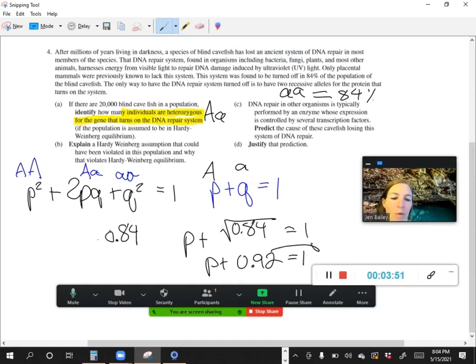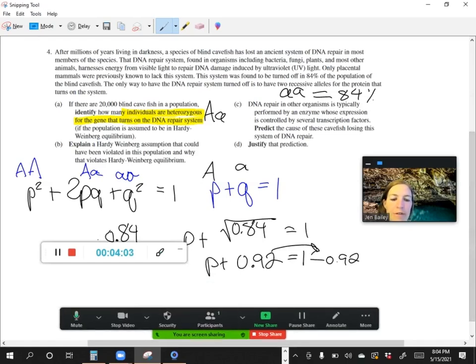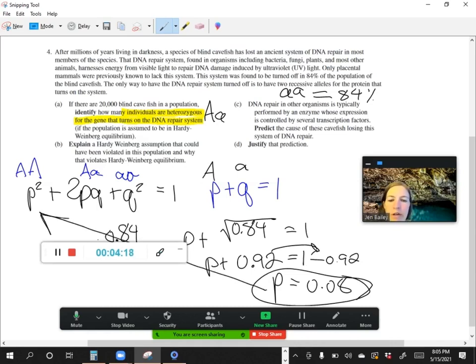Then you can say 1 minus 0.92. And what do you get for P? P equals 0.08. Okay, so we've got P. We know what P is now.